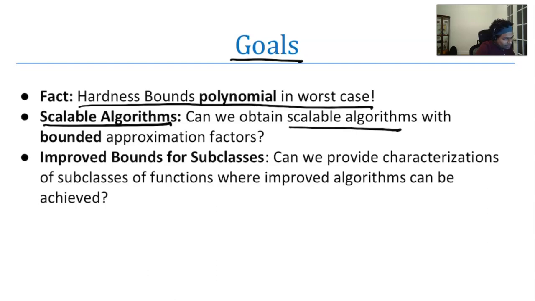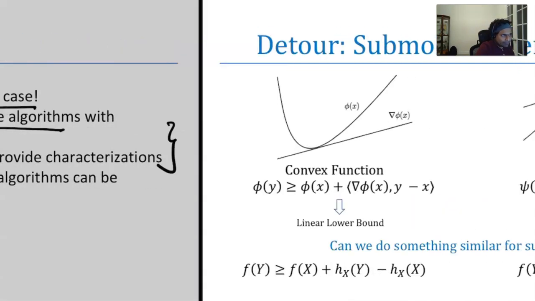And we know that it is polynomial in the worst case, so can we provide improved bounds for certain subclasses? We will study these two questions in the robust problem context in this work.